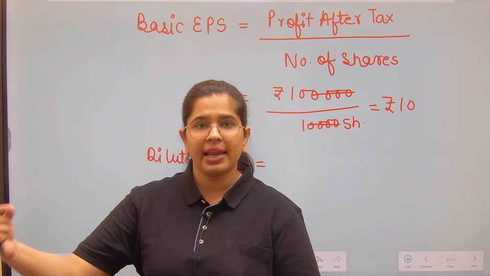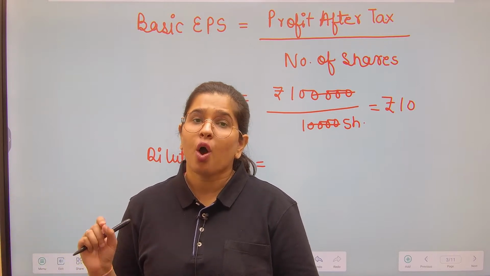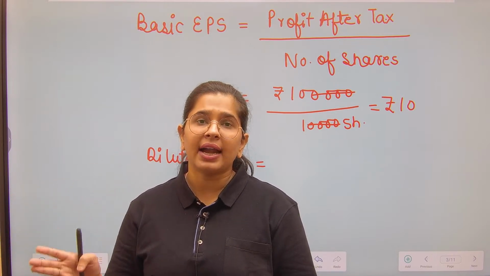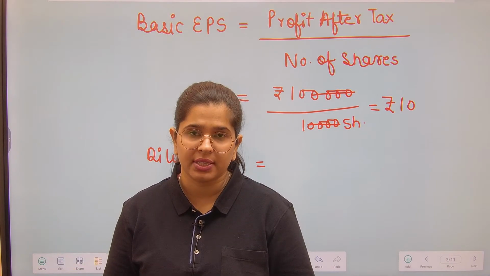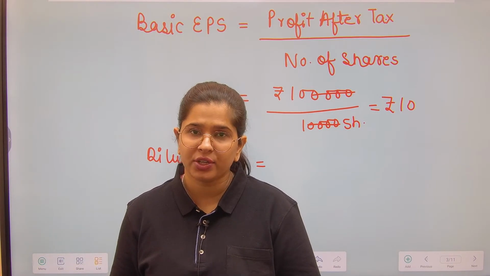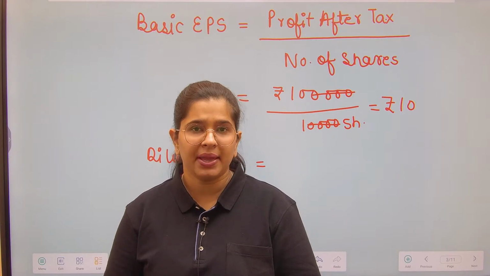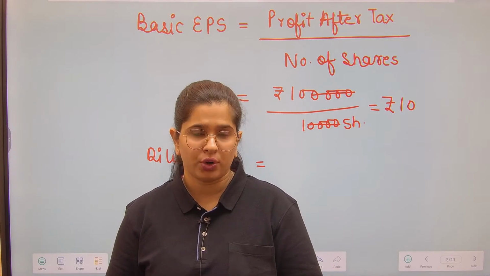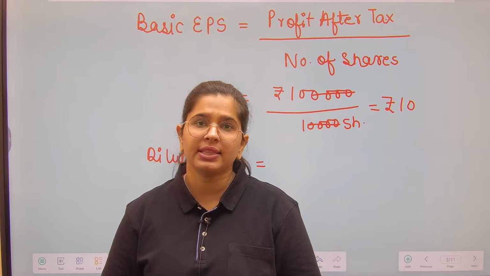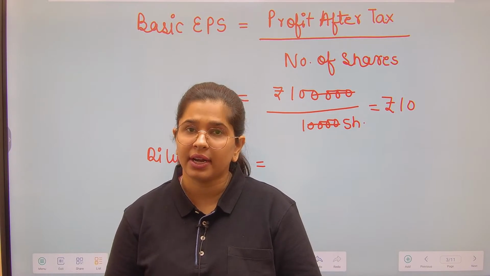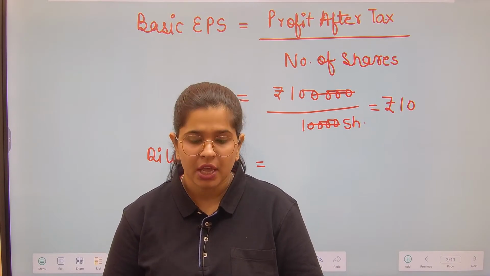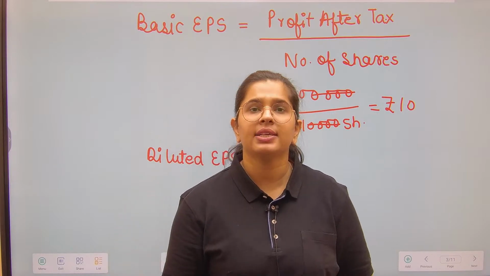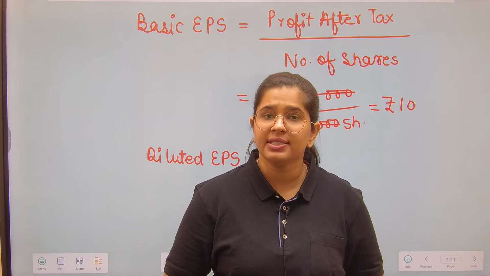Either you can take 10 lakh rupees from me in cash, or you can convert that 10 lakh rupees into shares. This is called convertible debentures. That means these debentures at the time of maturity will get converted into equity shares. So diluted EPS takes the impact of these shares as well.